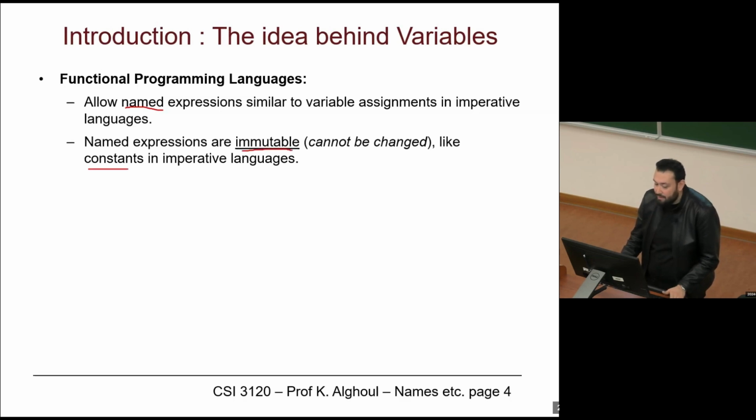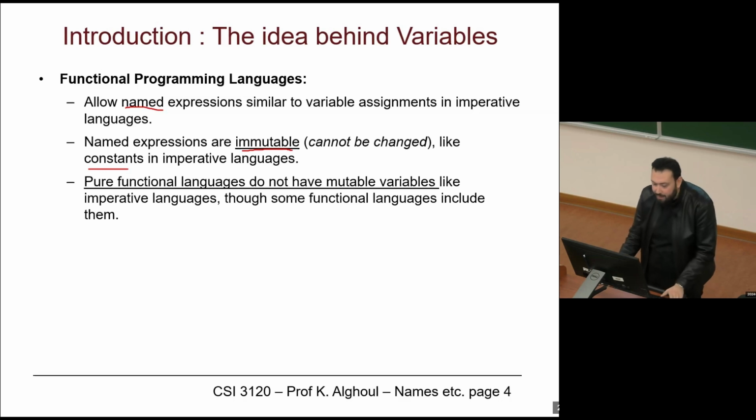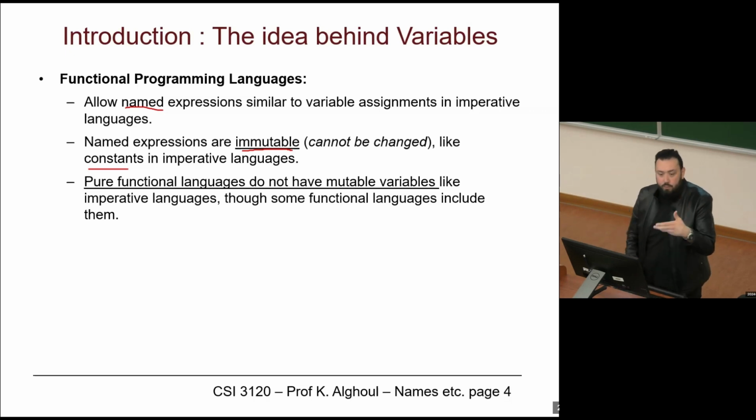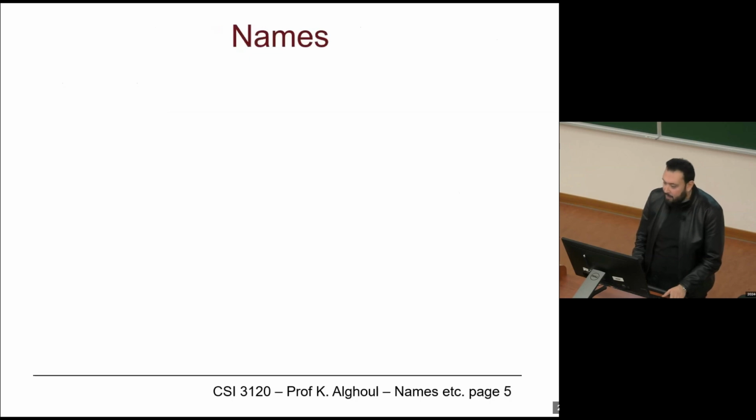So they are like constants. So a pure functional language does not have mutable variables like imperative languages. But for example, Python can act as functional and other things, it can have both, right? But we're talking about the pure functional languages. We're going to maybe go through some of these if we do a specific lecture about functional programming.